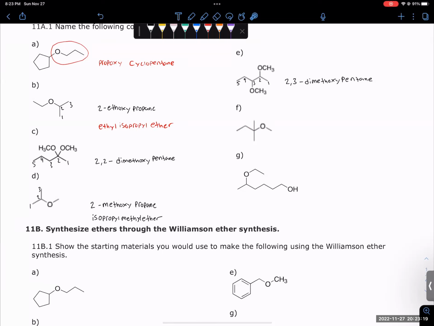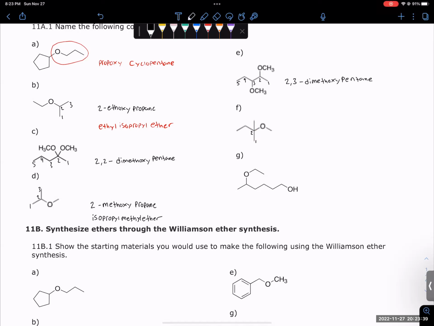We'd probably want to start on one of these carbons just because that would put our substituents on the second carbon. Whereas if we do it from this side, it would be 1, 2, 3. It'll be on the third carbon. But if we did it from this carbon or this carbon, it would be 1, 2. So we would want to start from that side.